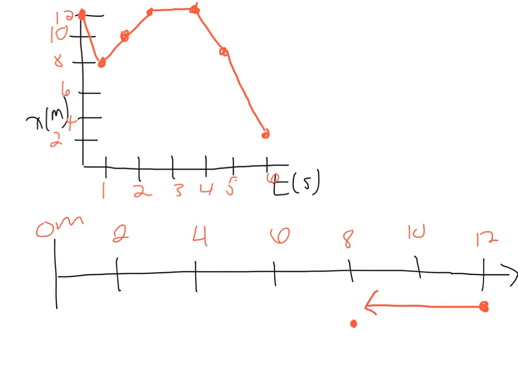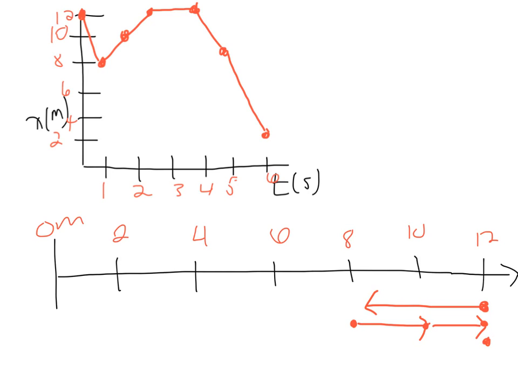So back to the motion map. At 1 second, I'm at 8 meters. At 2 seconds, I'm at 10 meters. At 3 seconds, I'm at 12 meters. At 4 seconds, I'm at 12 meters. So here I've got the two dots underneath each other.